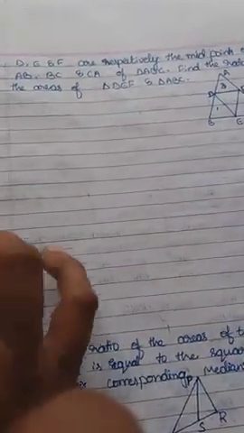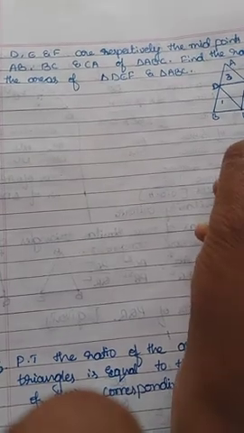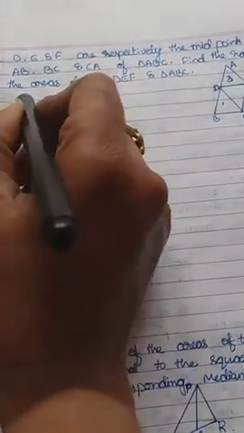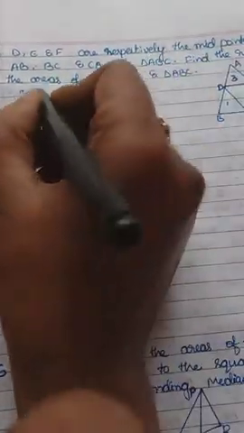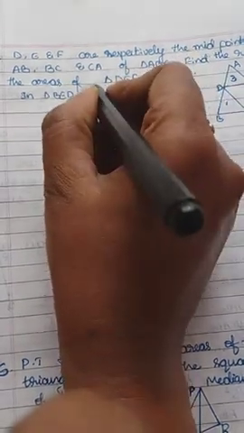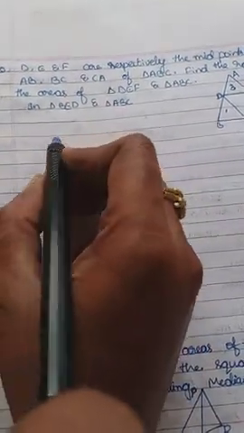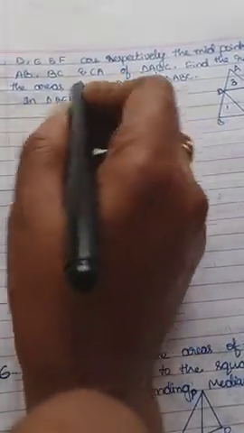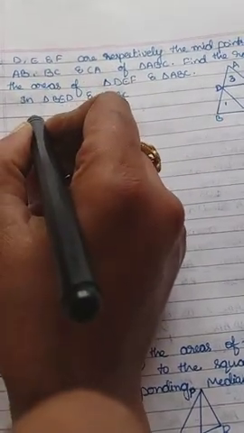First we have to take triangle BED, and triangle ABC. ABC is the full triangle, keep in mind. So here we have to prove first that both are similar triangles.